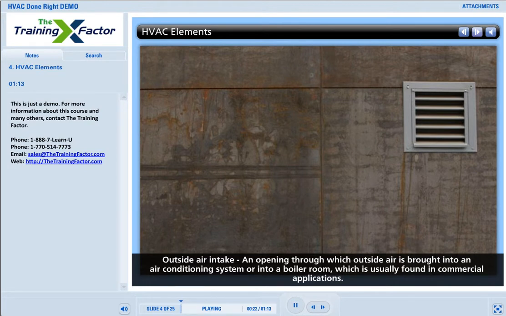Outside air intake, an opening through which outside air is brought into an air conditioning system or into a boiler room, which is usually found in commercial applications.